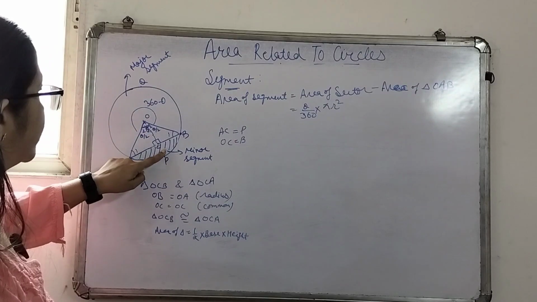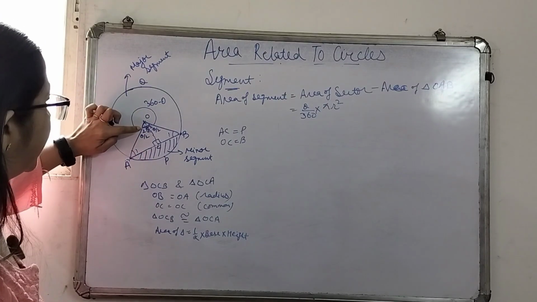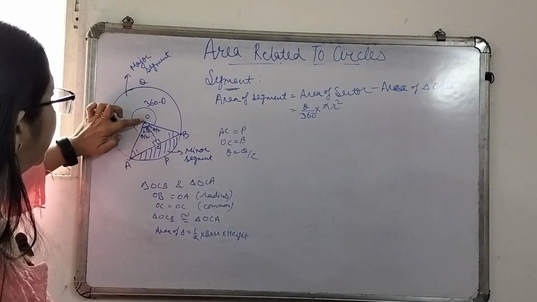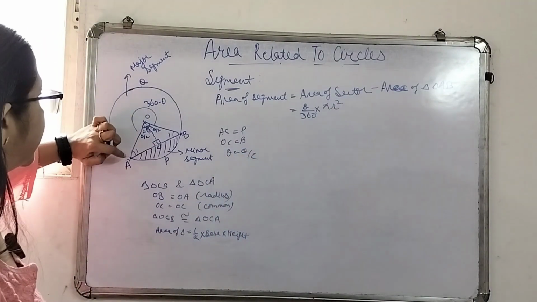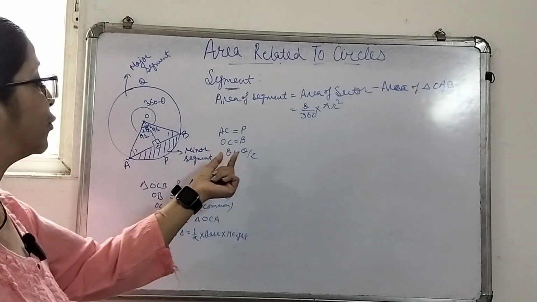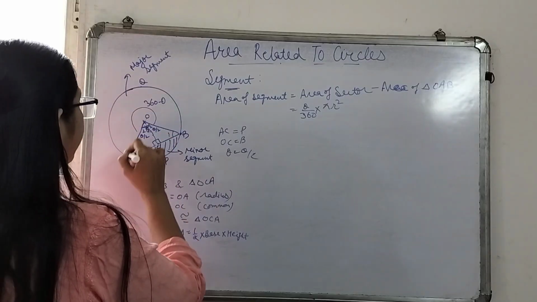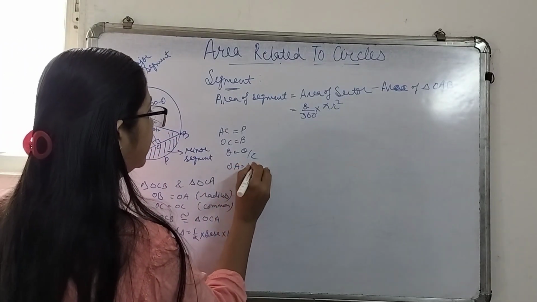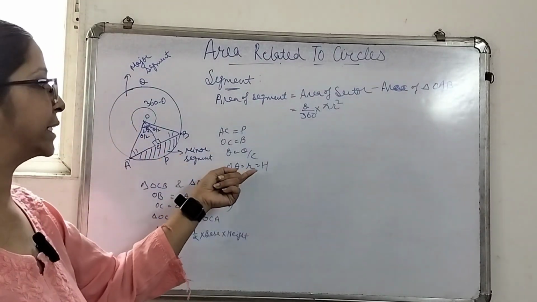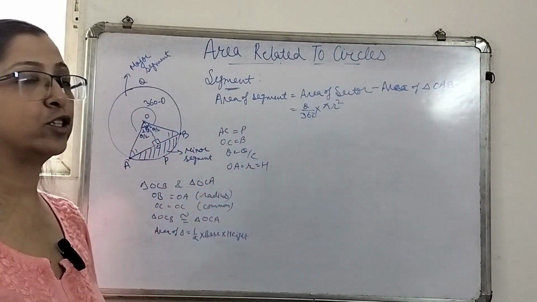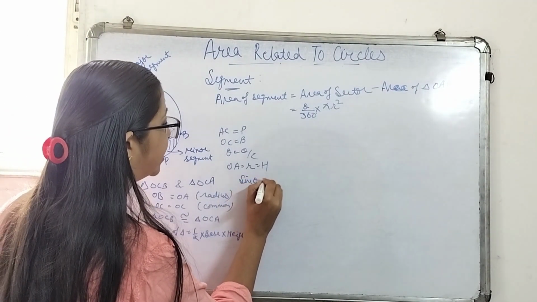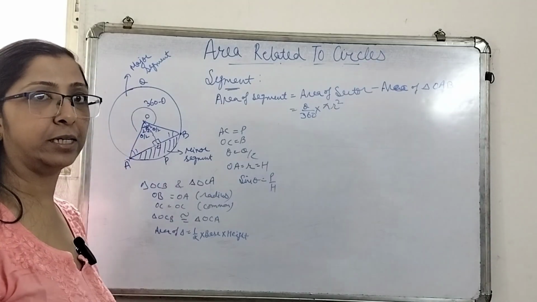In the triangle OCA, we are considering the angle theta by 2. In this case, the side opposite to theta by 2, that is AC, is the perpendicular and OC is the base. Now we also know that OA is the radius of the circle, that is R, and it is the hypotenuse of the triangle. Now we know that sine theta is the ratio of perpendicular to hypotenuse.